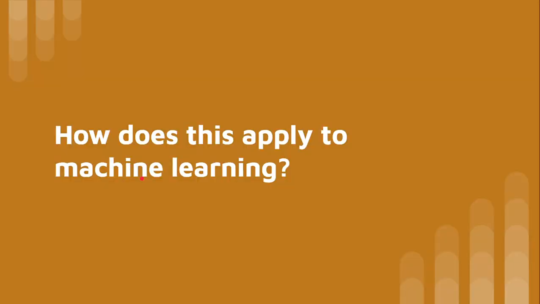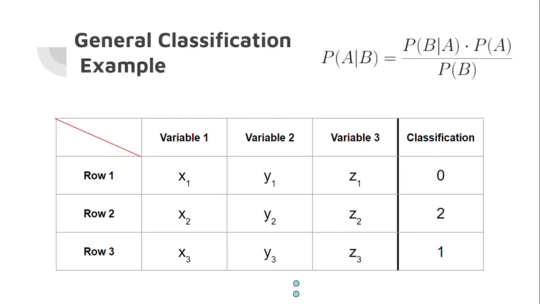But you might be wondering, and correctly wondering, how all of this applies to machine learning. Well, let's take a look at a classification example. This is just a generalized classification problem, no significant numbers or anything. What these rows are saying is that we have three different objects.